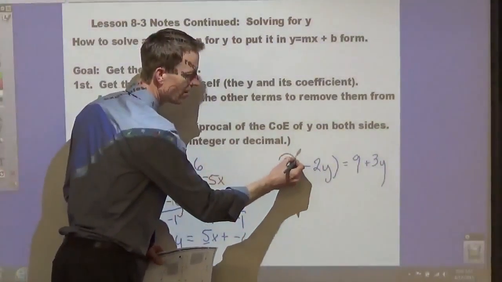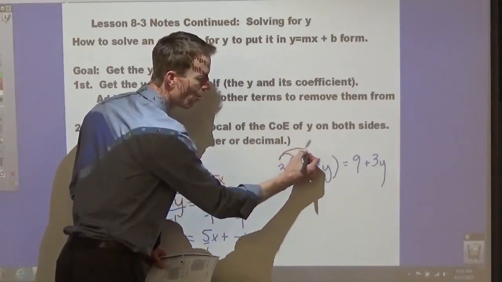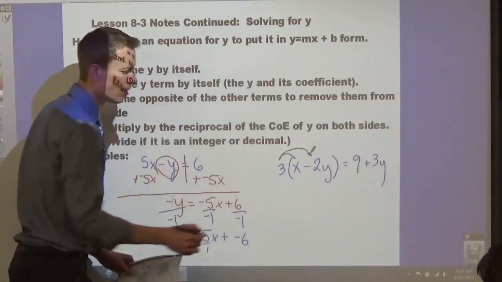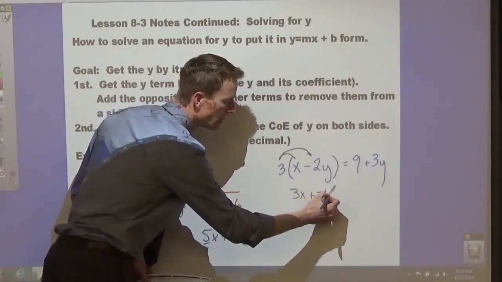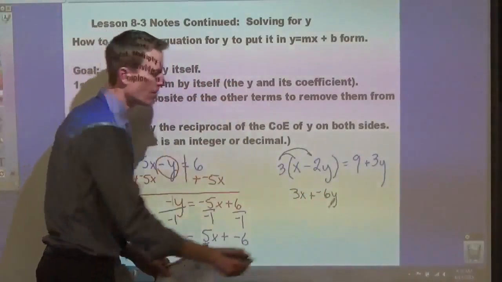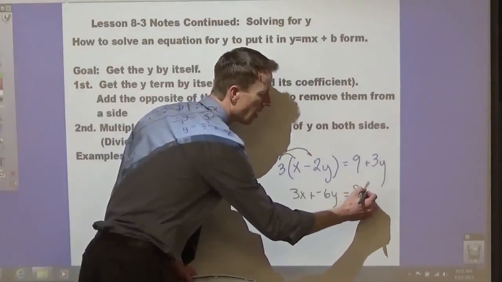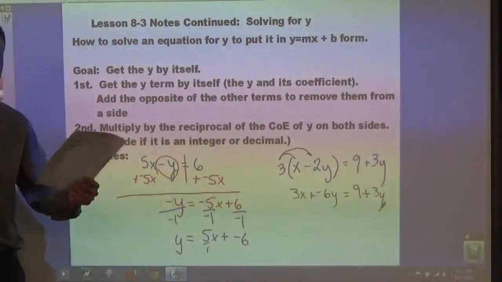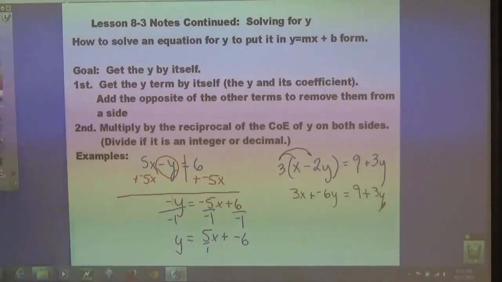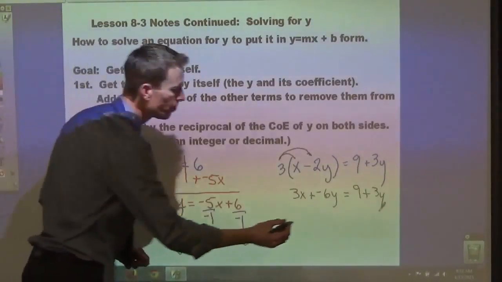All right, let's look at this one. First, multiply over parentheses, right? So 3x plus negative 6y equals 9 plus 3y. Now we have to get the y terms on the same side.